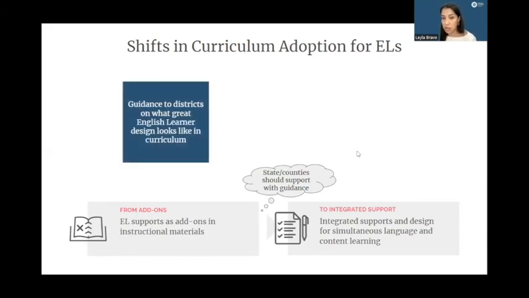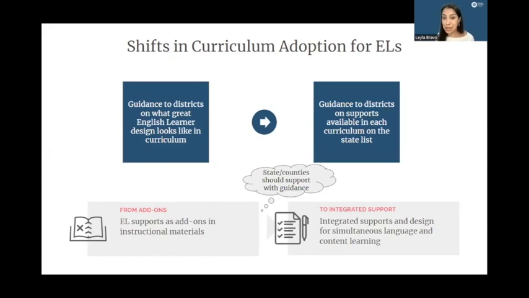And so our recommendations include guidance to districts on what great English learner design looks like in curriculum, and guidance to districts on supports available in each curriculum on the state list. So the state list will come out, and as we saw in a previous quote, making sure that that state list has a curriculum that has great English learner supports, and also sharing what kind of supports it has and what it doesn't. Curriculum is never perfect, but it can be really powerful, and it depends on your students.